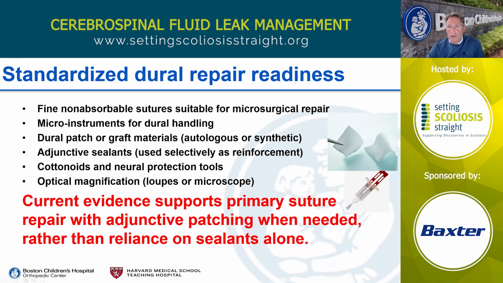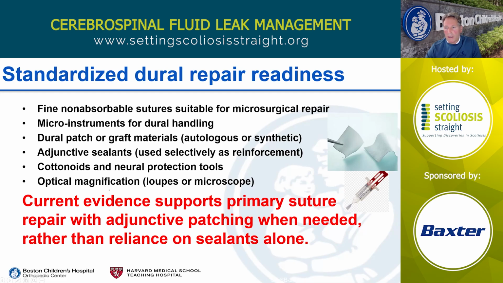So standardized dural repair readiness. I don't think as pediatric spine surgeons we need a kit for every case, but if you're really going to do a myelo case or a high risk case where you're really worried about a dura, you should have these things available. You should have your absorbable sutures, your micro instruments, your dural patch, your graft materials, adjunctive sealants, cottonoids, and optical magnification.